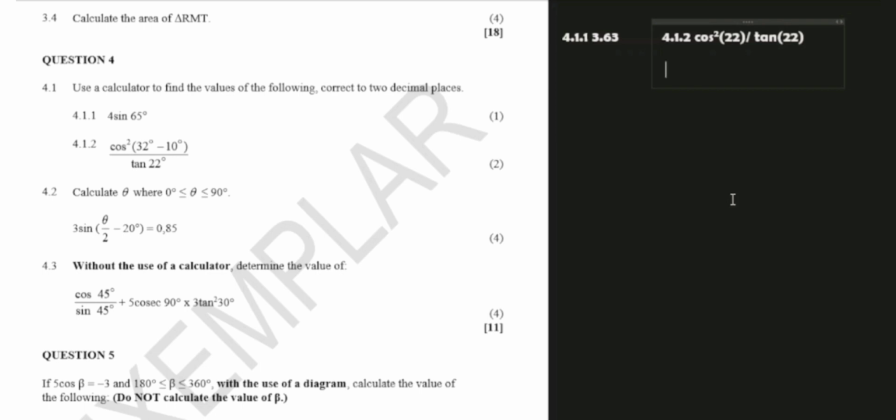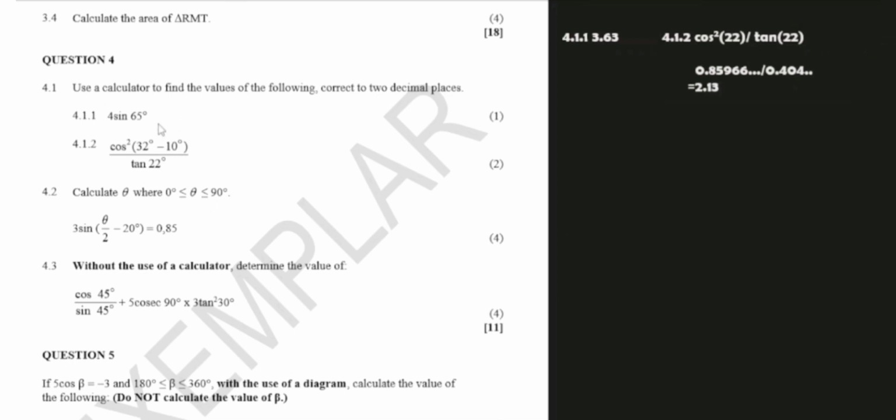You're going to get 0.85966, I'm just going to put it here, and then over 0.404, and then your answer is going to be 2.127757668. Correct to 2 decimal places, it's going to be 2.13. Let's go to question 4.2.